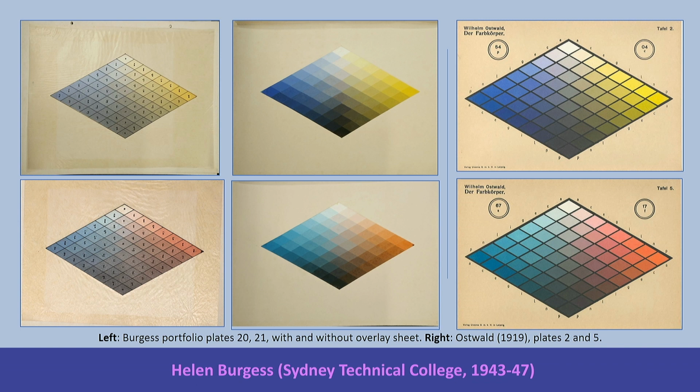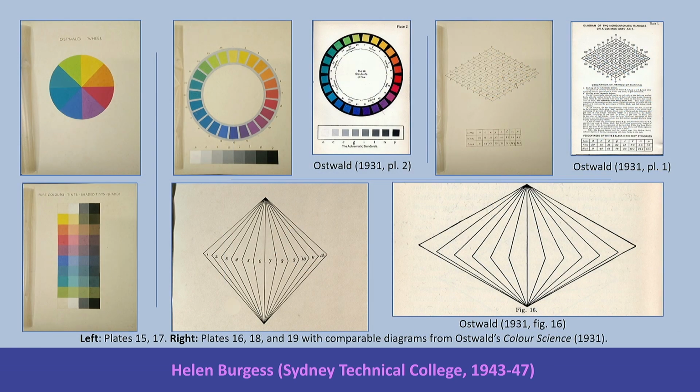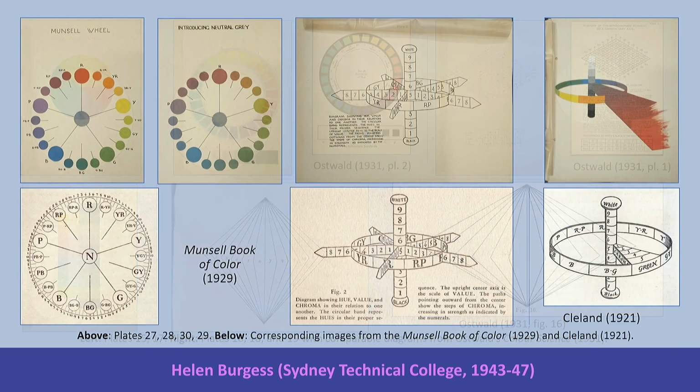Okay, and there's, what is it, 8 of these. And some of the simpler ones could be from a few different places, but other ones are from those Ostwald publications. So that's the Ostwald system.